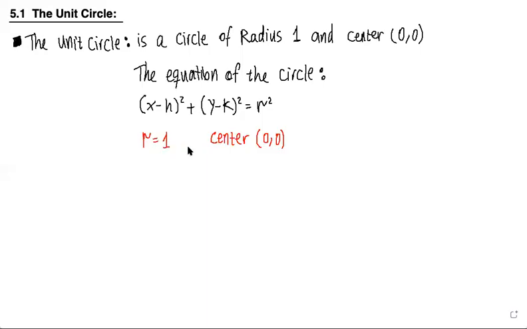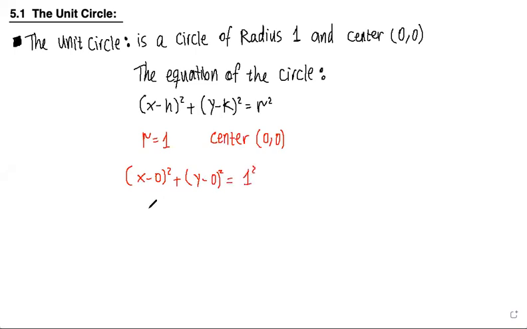So the radius is 1 and the center is 0, 0. We plug these into the equation of the circle. Now my unit circle equation is (x minus 0) squared plus (y minus 0) squared equals 1 squared.